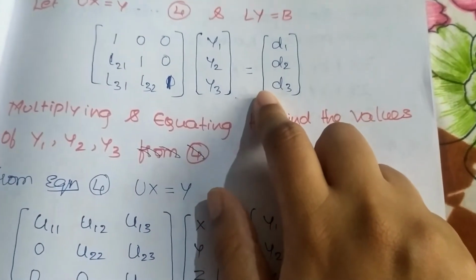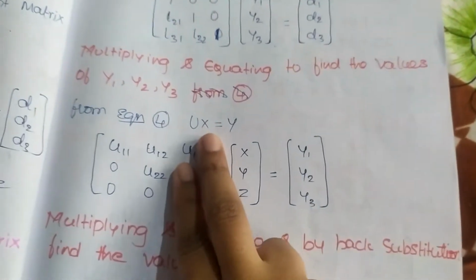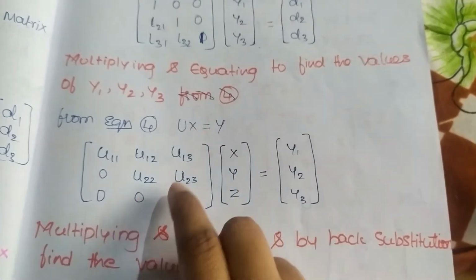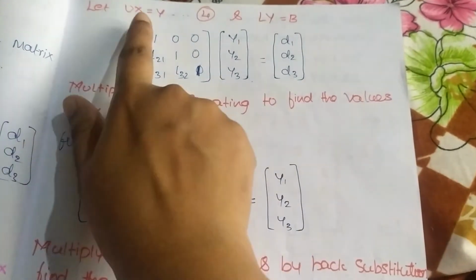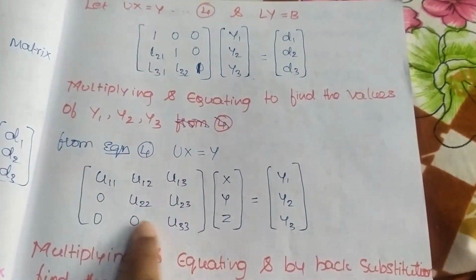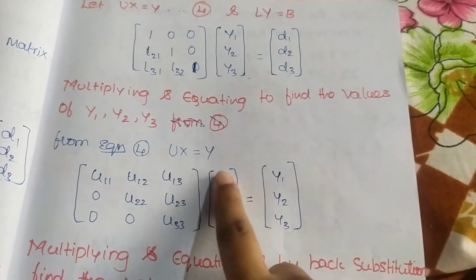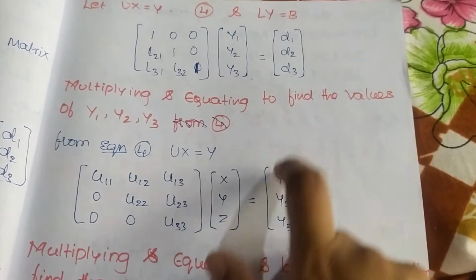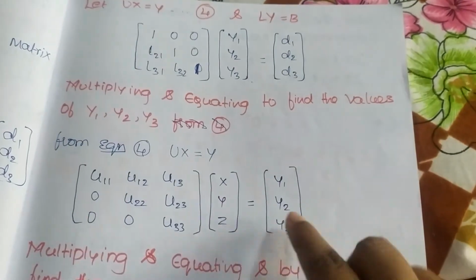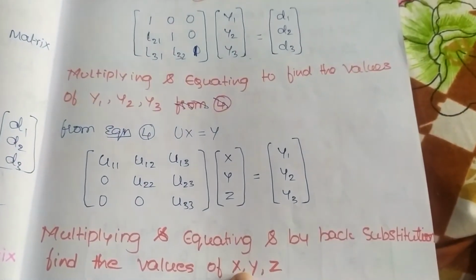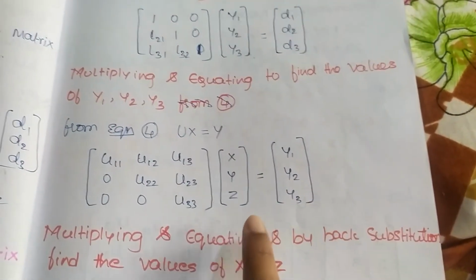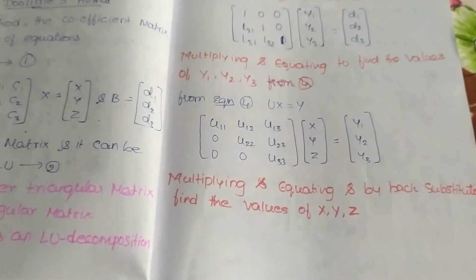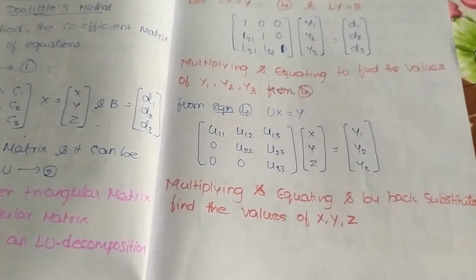After getting these values, we will find the upper triangular matrix values, that is Ux = Y, the upper triangular matrix times x, y, z equals the values which we got here. We multiply and equate to get the values of x, y and z. Now we'll see this in a problem example.